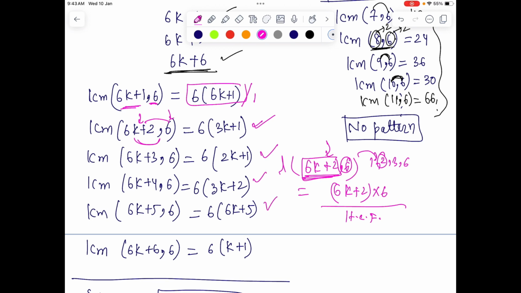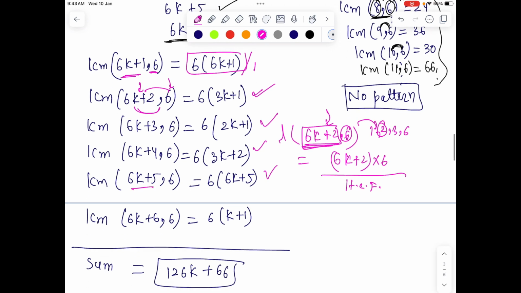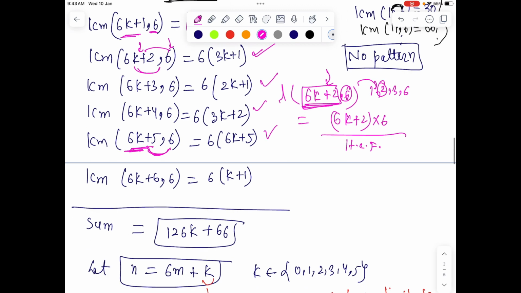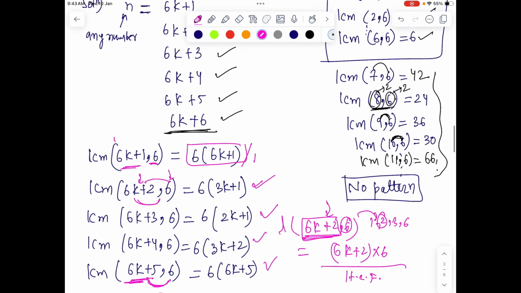You can just repeat the same for this and you'll get for next item 6 times 2k plus 1, for next 6 times 2k plus 2, 6 times 6k plus 5. Anyway, this is already co-prime, so this is the product, and 6k plus 6 and 6 will be just 6k plus 6 because it's already a multiple of 6, right? So which can be written in this one.